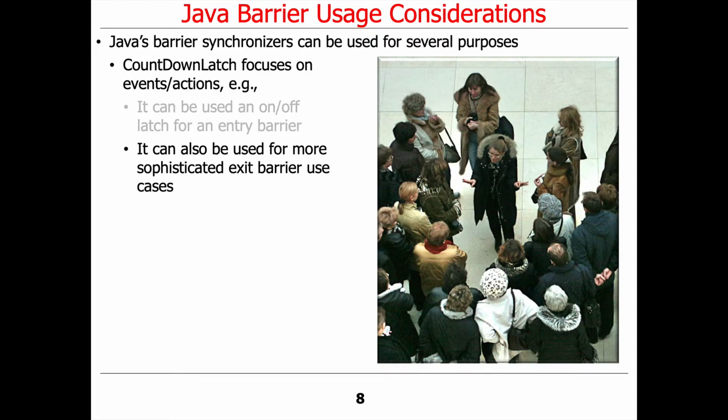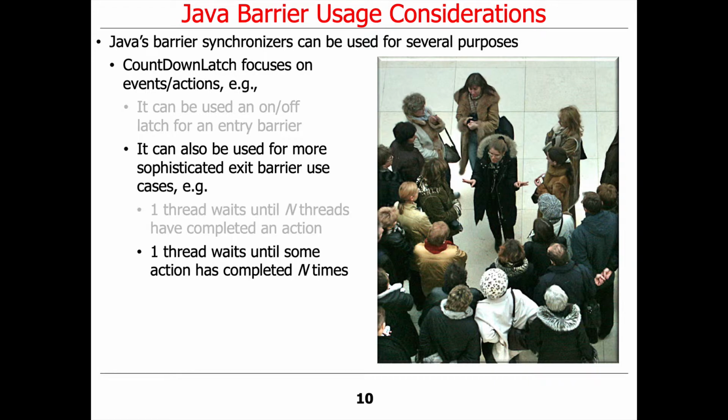Countdown Latch can also be used for more sophisticated exit barrier use cases, as exemplified with our tour guide example. For example, you can have one thread that waits until n threads have completed an action, which might be the case where the tour guide waits for n tourists in a museum to finish and exit before shutting the museum down.